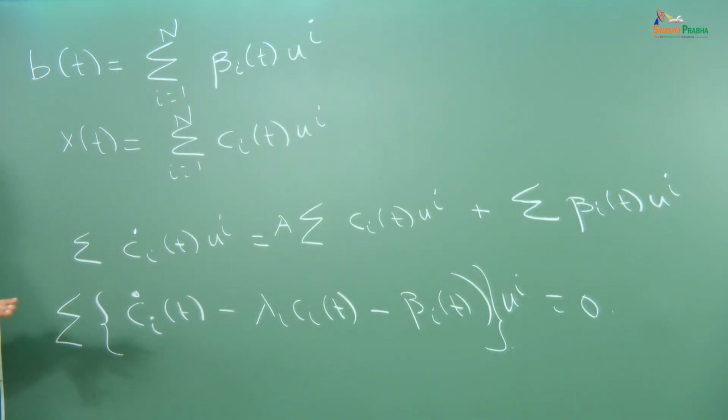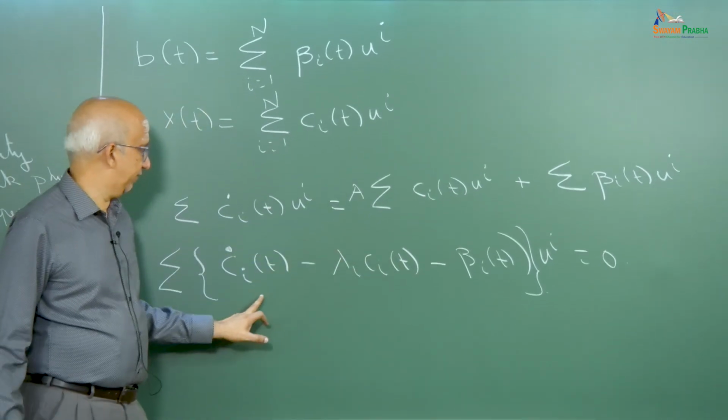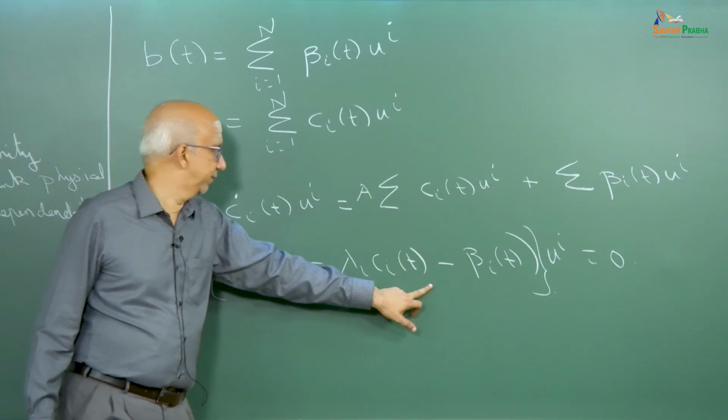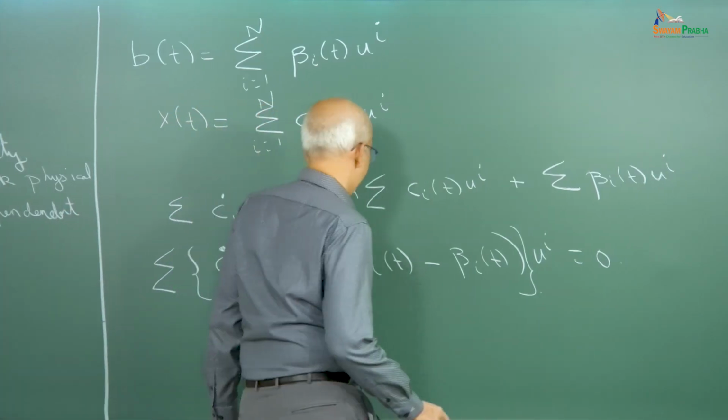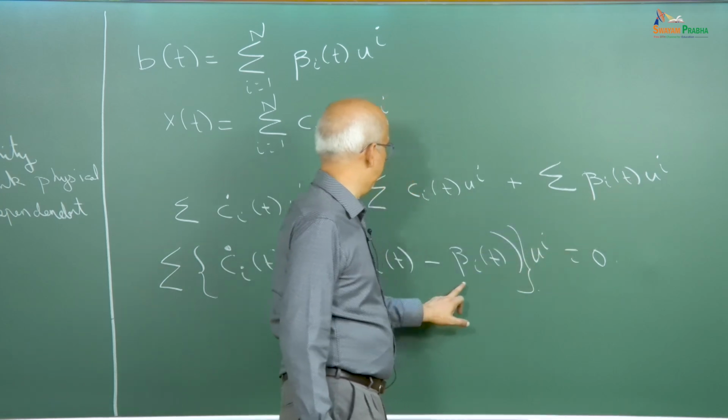So, I have just done exactly whatever I did earlier. So, I am not writing all the steps. This is c_i dot, A u_i is lambda_i u_i, and I am bringing it to the left hand side. I get lambda_i c_i u_i, okay, and beta_i again I am bringing to the left. I get this.